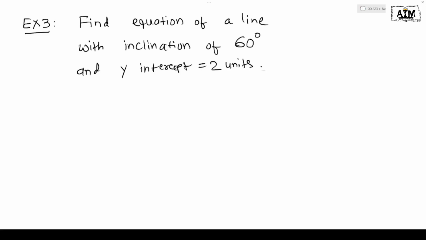Example 3, find the equation of a line with inclination of 60 degrees and y-intercept equal to 2 units. Here the inclination is given, theta equals 60 degrees, but the slope of the line is not given. The slope of the line is m equals tan theta.